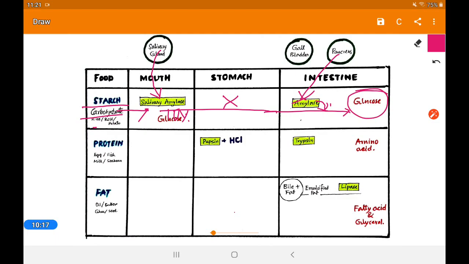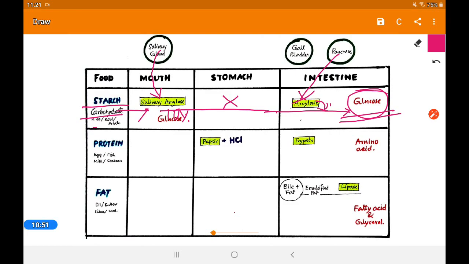So here you can see that any carbohydrate material, inside the mouth, salivary amylase converts into glucose. After that, the next part is the intestine, because in the stomach there is no carbohydrate breaking enzyme. The pancreas is connected to the duodenal area, so pancreatic juice is there, and in the intestine this amylase converts it into glucose, which is the end product.